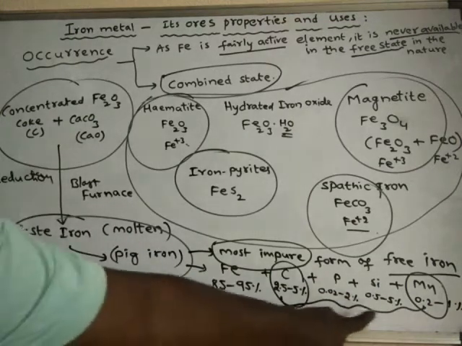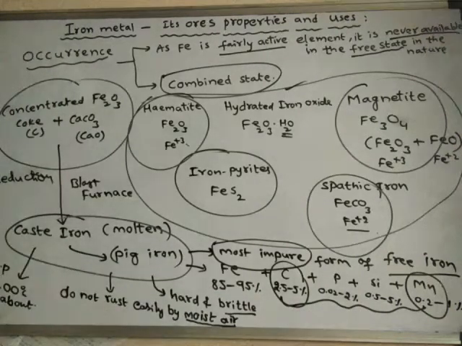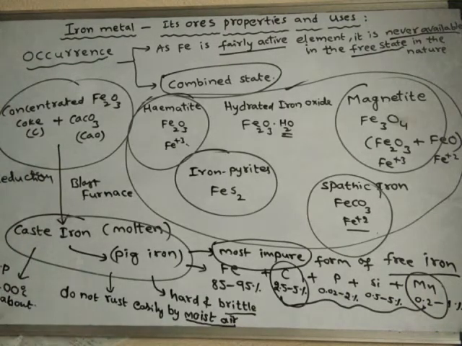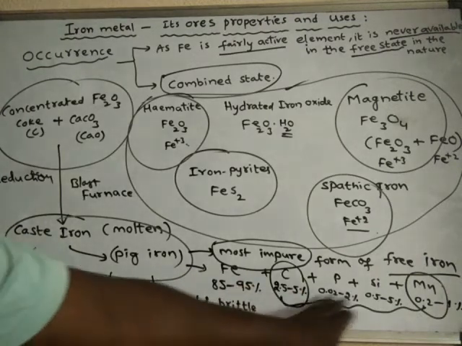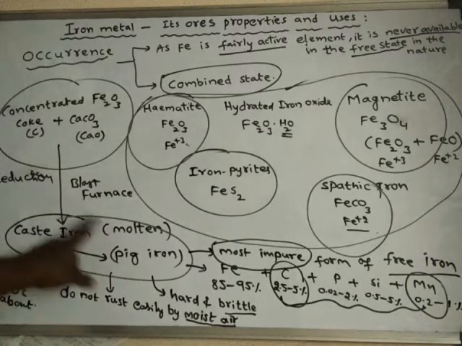The amount of impurities may vary, and when it varies, the melting point of cast iron may change a little bit. Sometimes the nature of the impurities also varies, so the melting point will vary a little bit. So we can say that the melting point of cast iron is about 1200 degrees centigrade, and it can vary because it is not in a pure form.